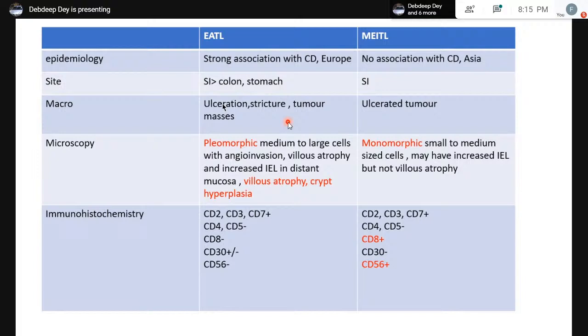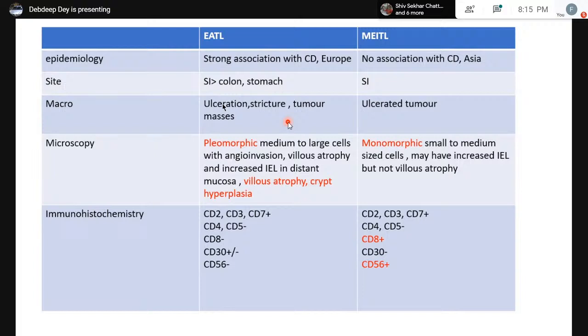And this is where the problem is. If you do not know of the entity, or if you're not thinking when your gangrenous intestines come as part of your emergency laparotomy, you are not suspecting it. So this is where you have to suspect that, am I not missing a MEITL in this part of the world, or an EATL in the UK or the Western world?